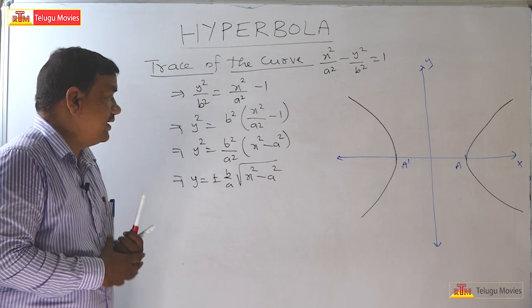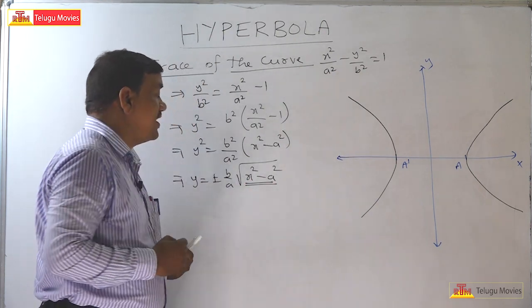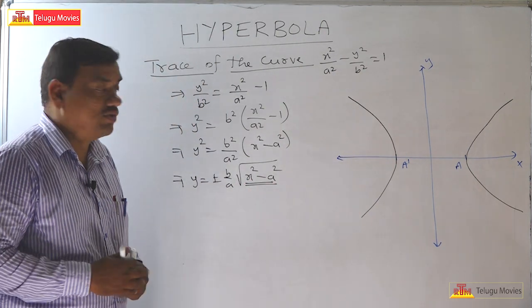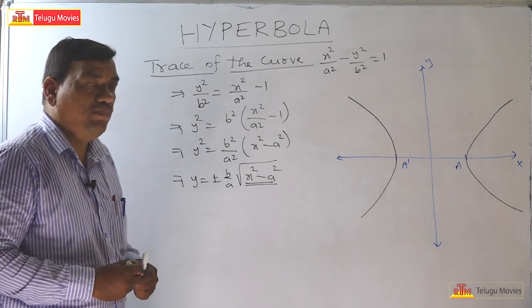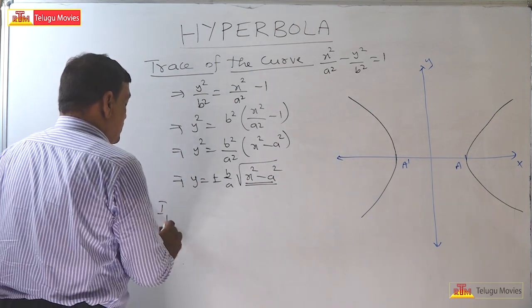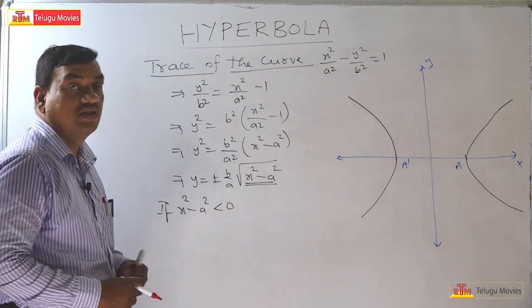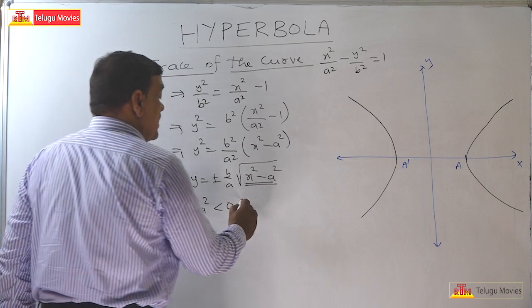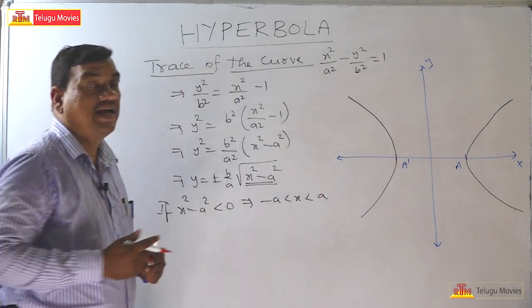Now let us see here. For example, if x square minus a square is less than 0. Actually, it is under a square root, so it should be greater than 0. If possible, let there be a chance that x square minus a square is less than 0, then we know that x lies between minus a and plus a.